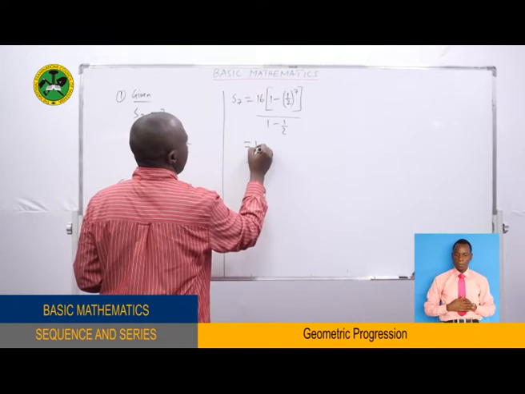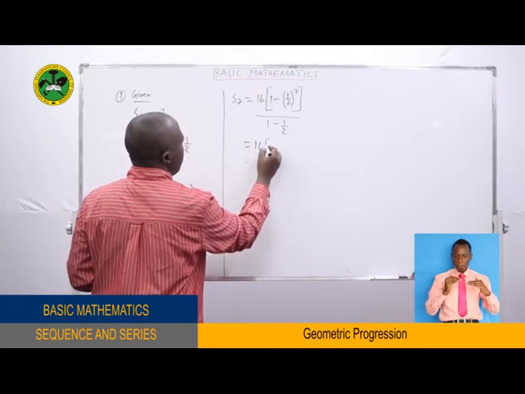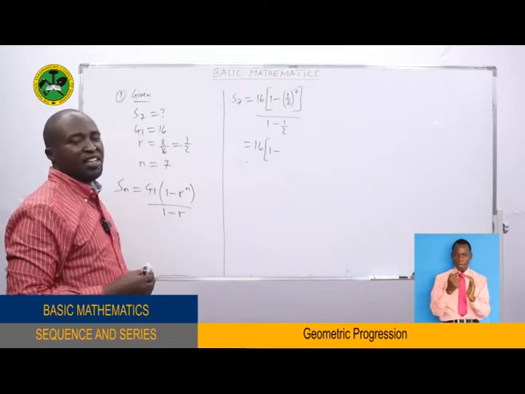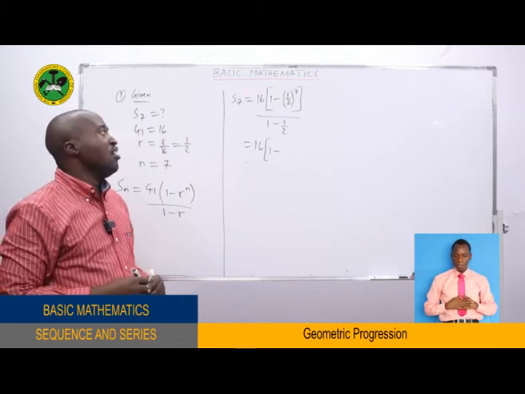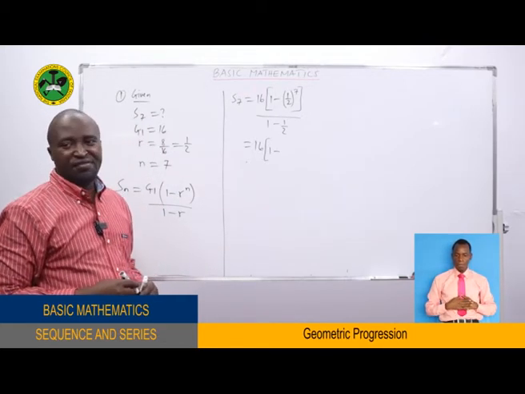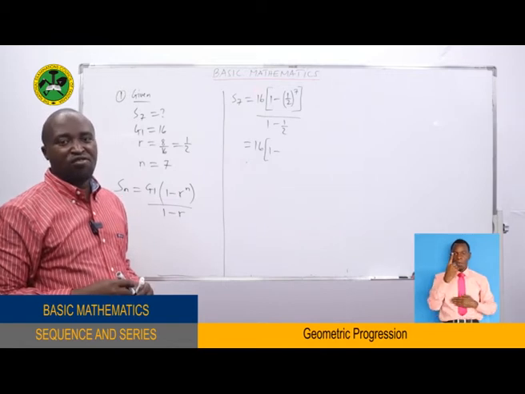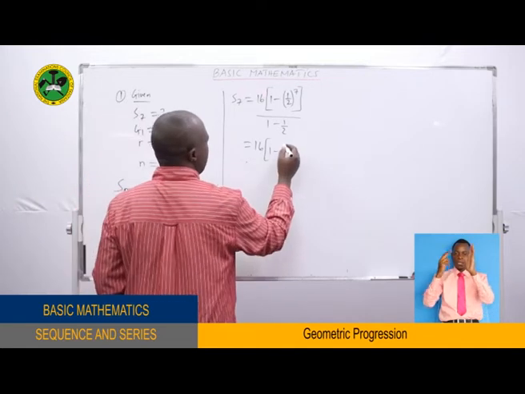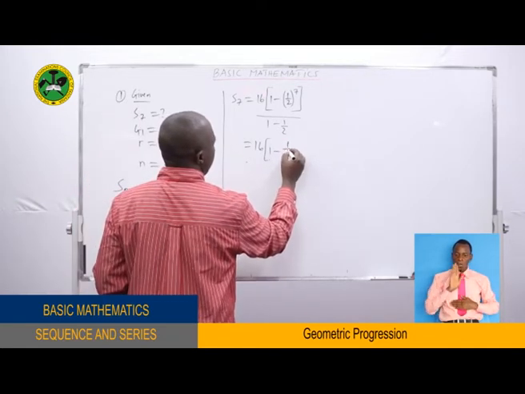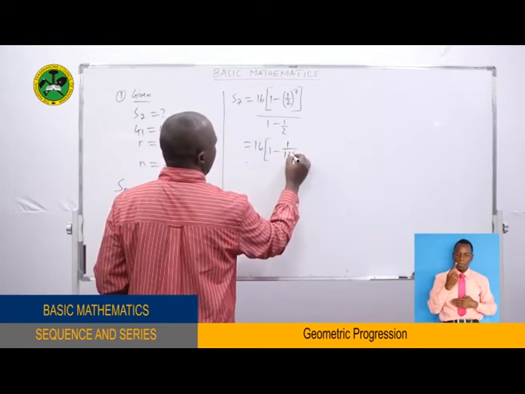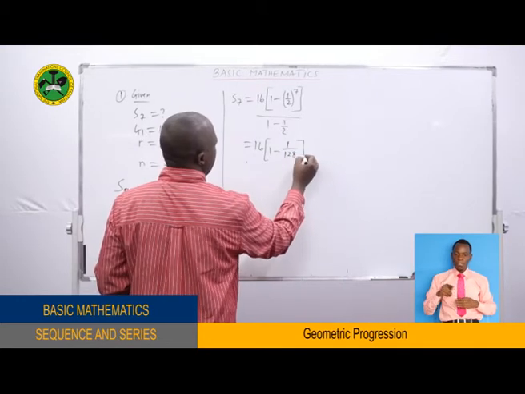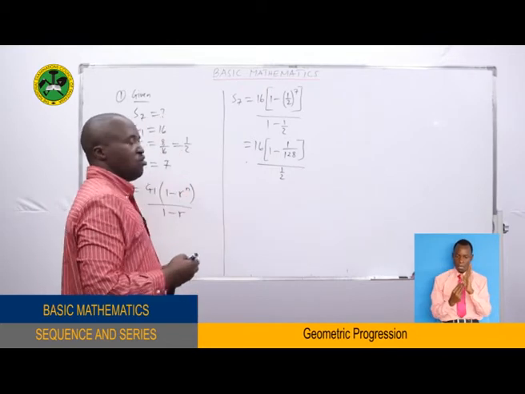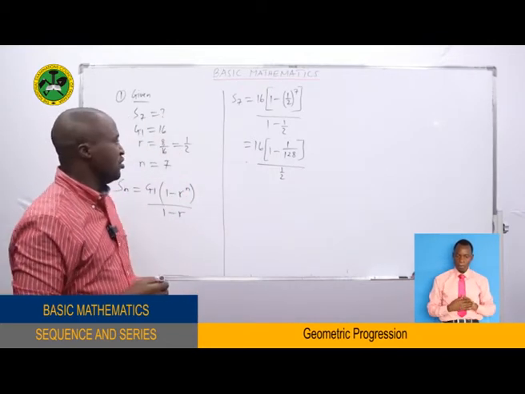So in this case, we have 16 bracket of 1 minus. Now just take a half to the power 7. In this case, we have 1 over 128. Now this one over a half, that is 1 minus a half.